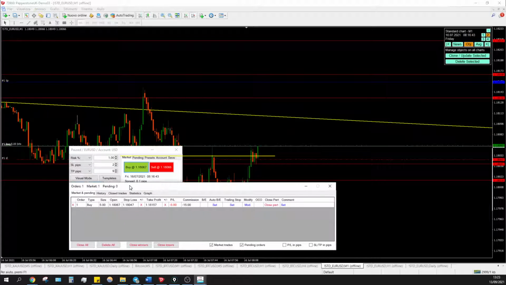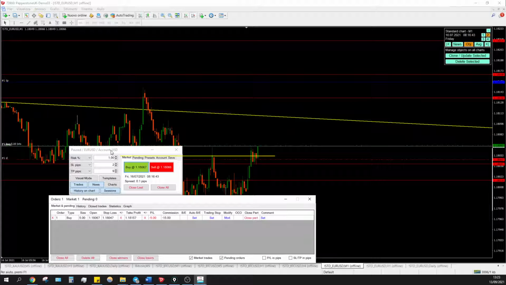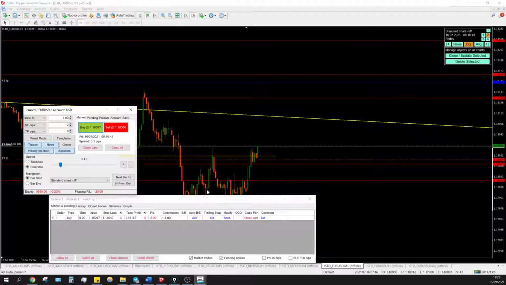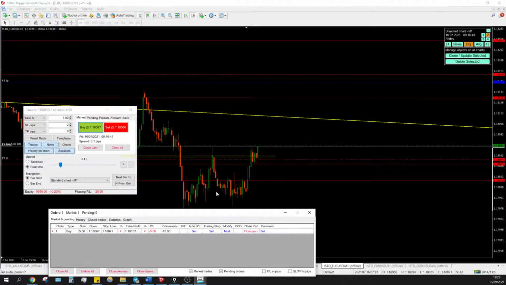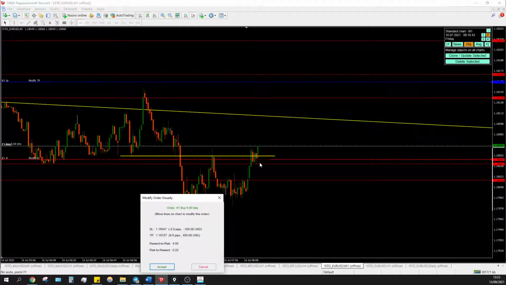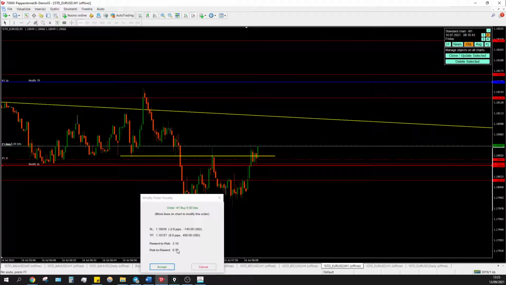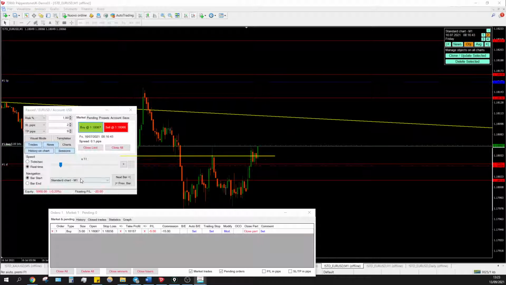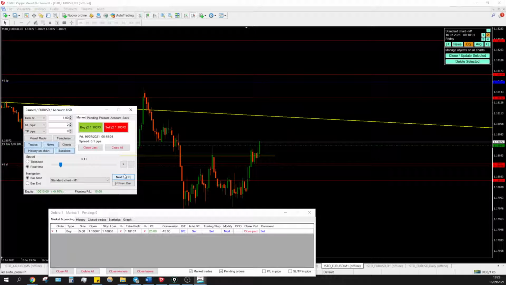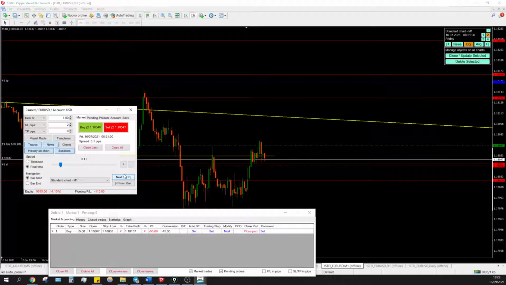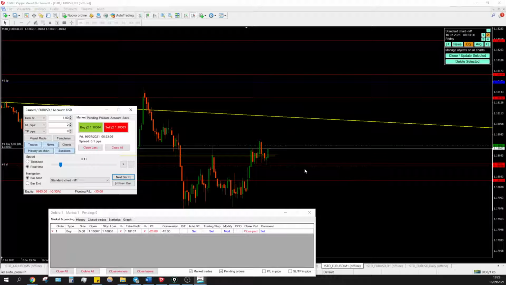It would be 5 lots. With the stop loss below here, 2.9 pips, 145, which is a little bit more than this one. Very close to getting stopped out.